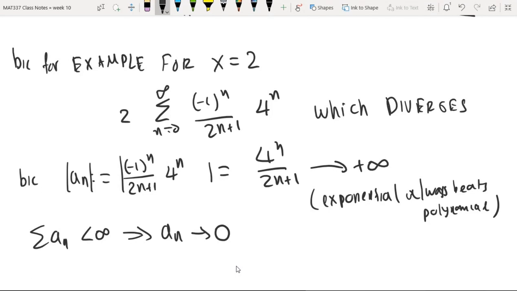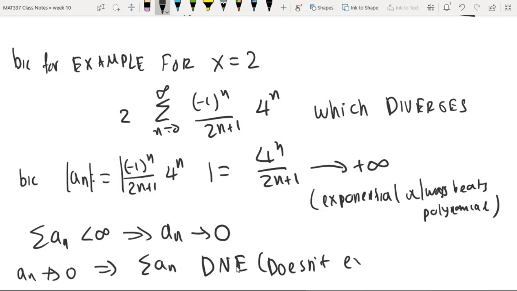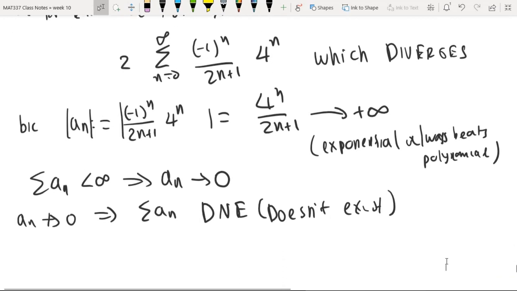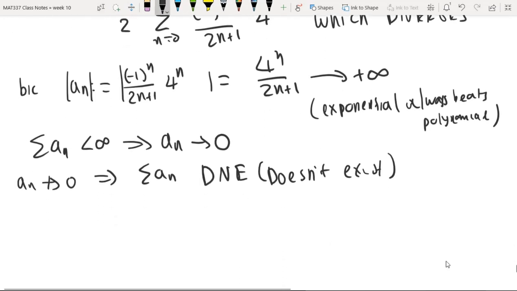Conversely, a_n not going to 0 implies the summation of a_n does not exist. Now, I did it for 2, but you can do it more carefully.